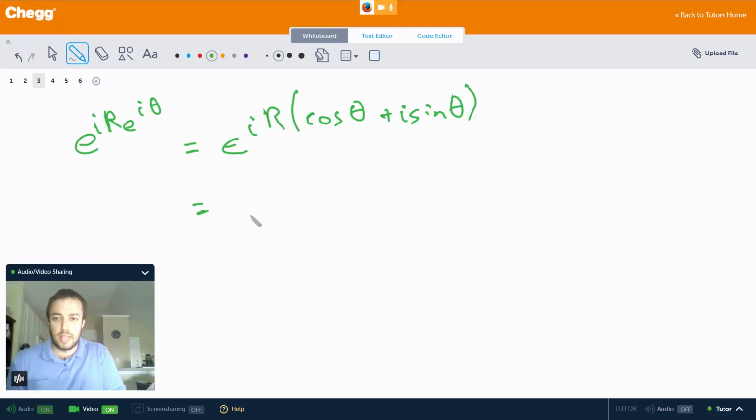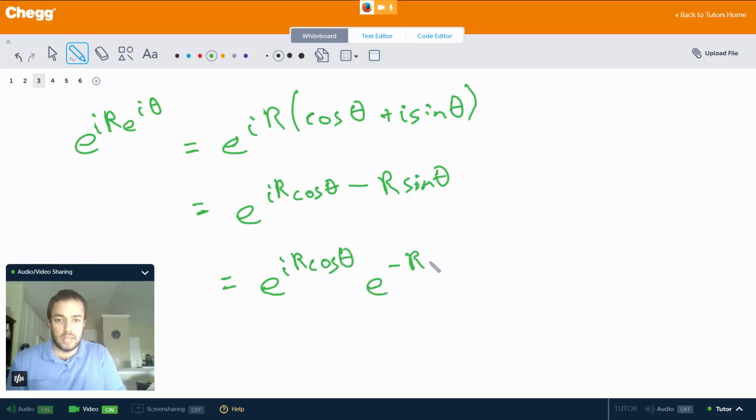And then let's distribute the ir, and that's going to be ir cosine of theta. And then i times i is i squared, which is -1. So this is minus r sine of theta. Okay. And then let's rewrite that as e to the ir cosine of theta times e to the minus r sine of theta.